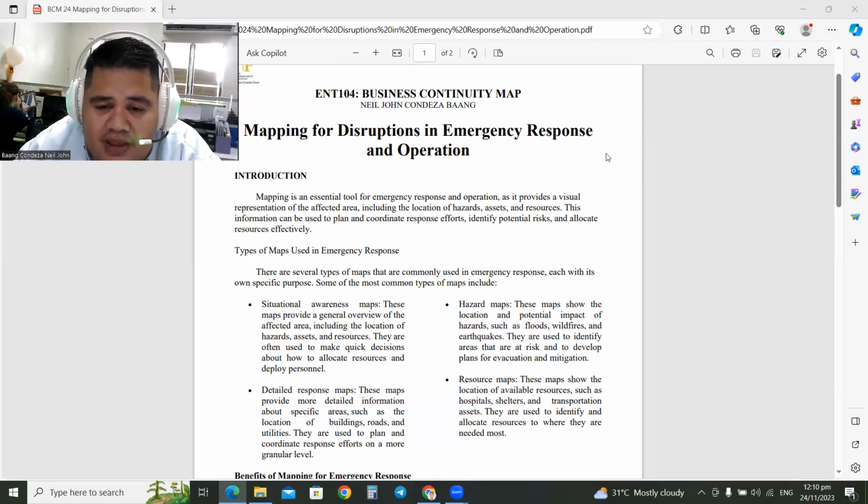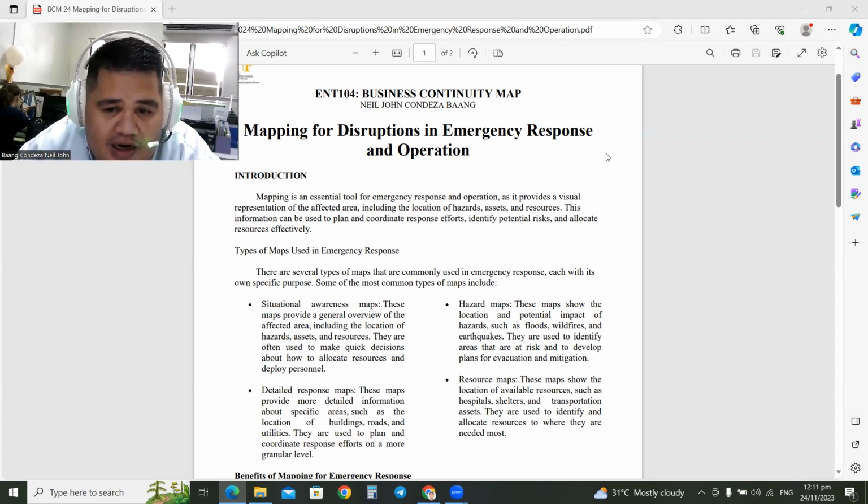Number three of the maps would be the hazard maps. This map shows the location and potential impact of hazards such as floods, wildfires, and earthquakes. In the industry, these hazard maps are vital to the operation of the company.